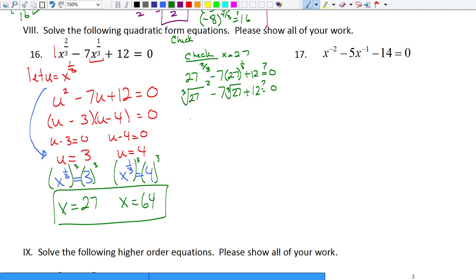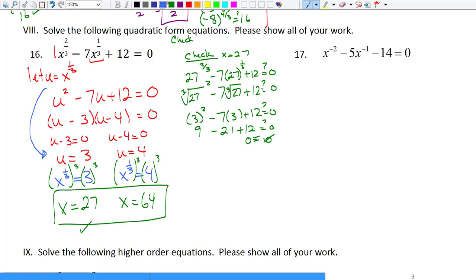So that's the cube root of 27 is 3, and 3 squared is 9, minus 7 times 3 plus 12. So 9 minus 21 is negative 12. And negative 12 plus 12 is 0. It did work. Okay, so 27 works.